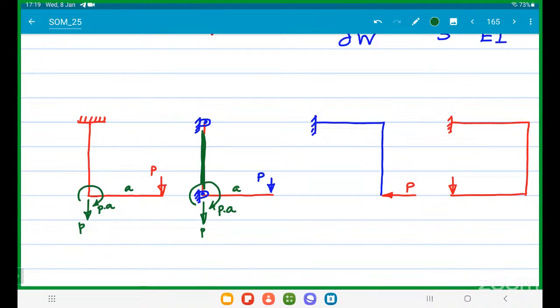You don't know? Two loads. Okay, right. So two loads, sir.